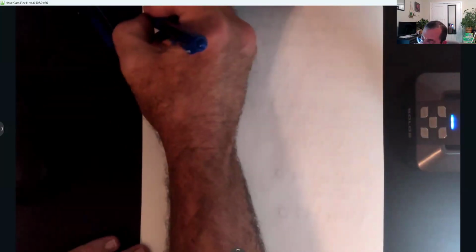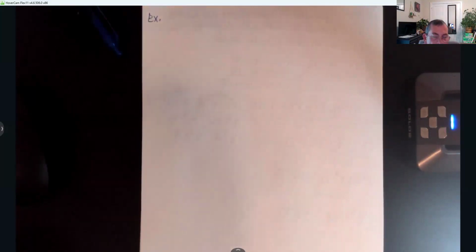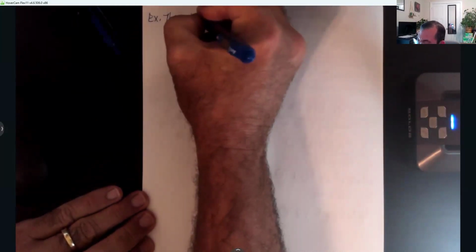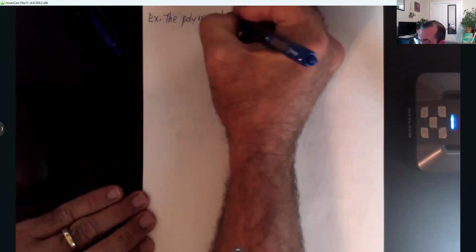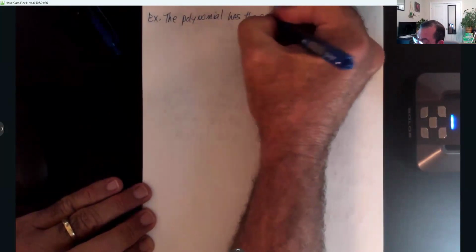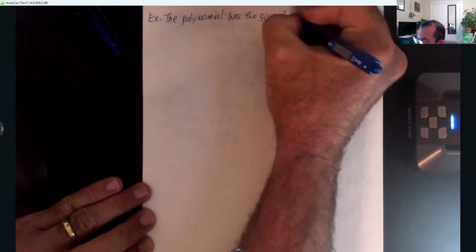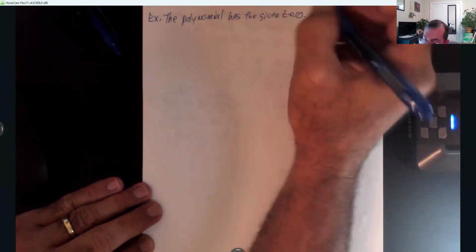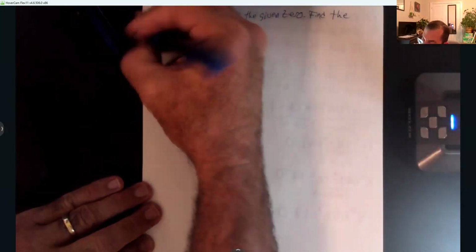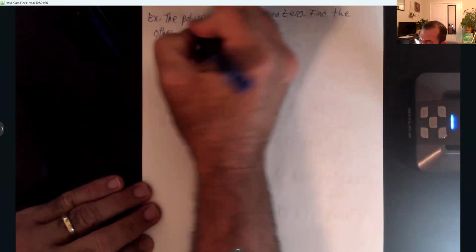All right, so we start changing the tune around number 9 here. So check this out. It says the polynomial has the given zero. They want us to find the other zeros.